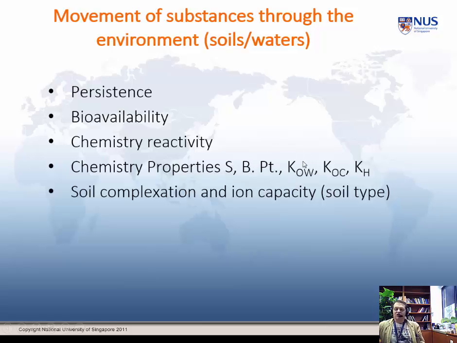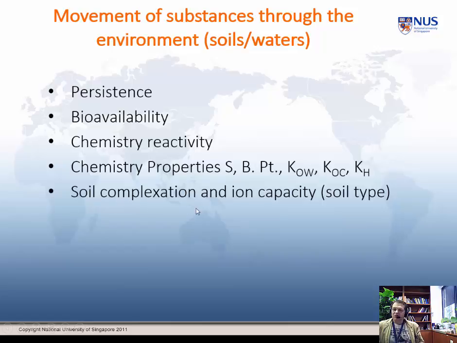The partition coefficient between octanol and water, called KOW, is used extensively in the environment as a way of assessing how a pollutant will move between soil and water. The partition coefficient for organic carbon: most pollutants, especially organic ones, have an affinity for organic carbon, so it's important. And KD, the general partition coefficient, and KH, the Henry's law constant.